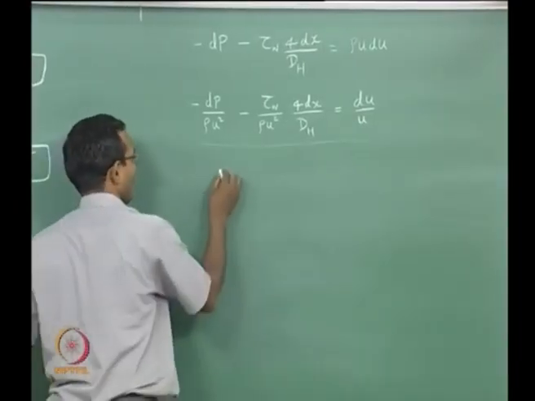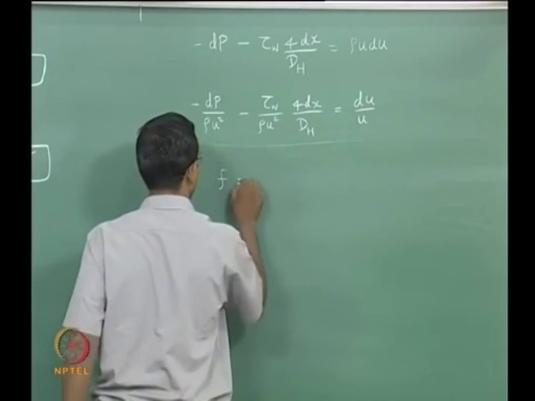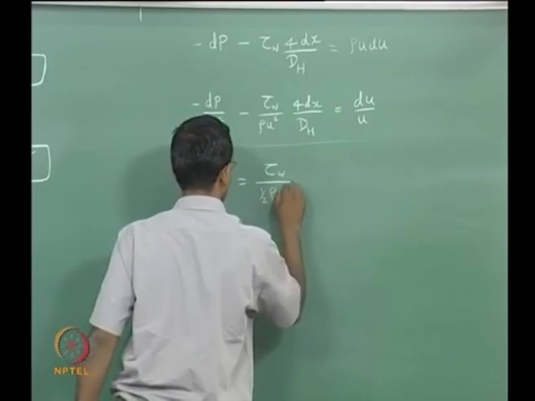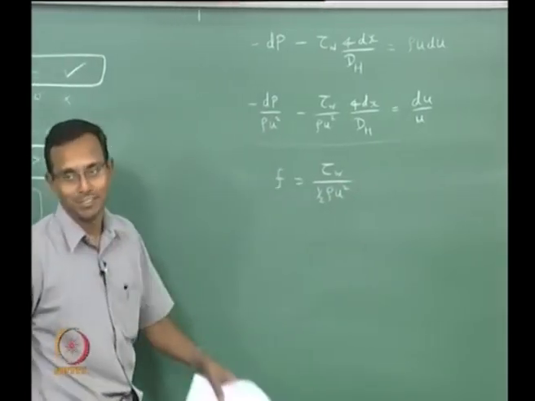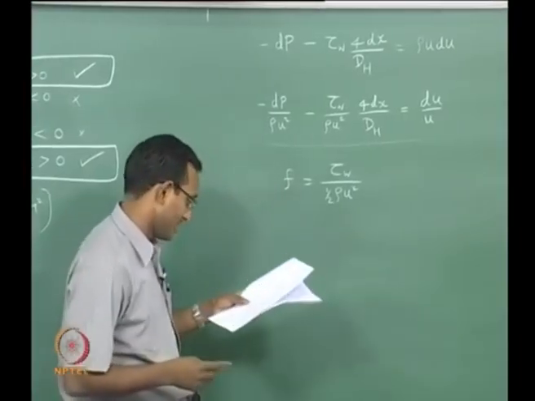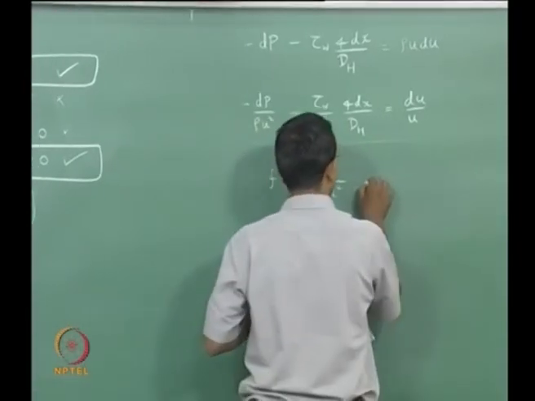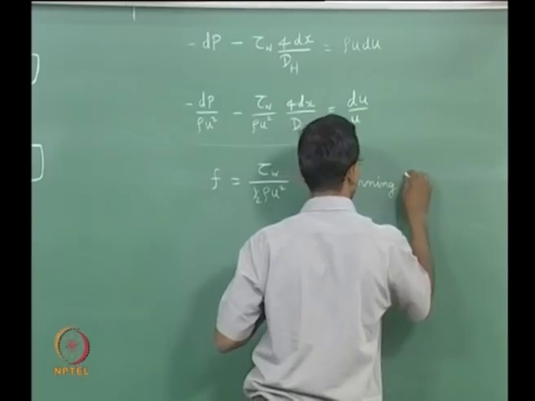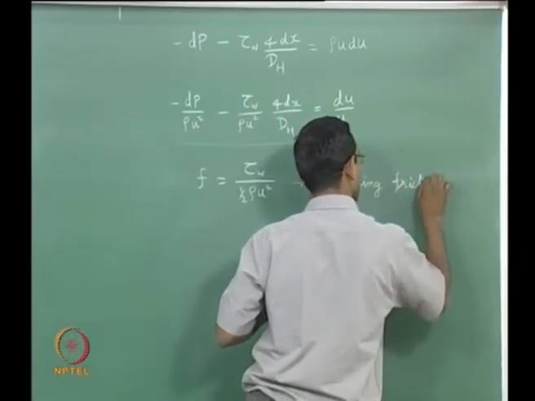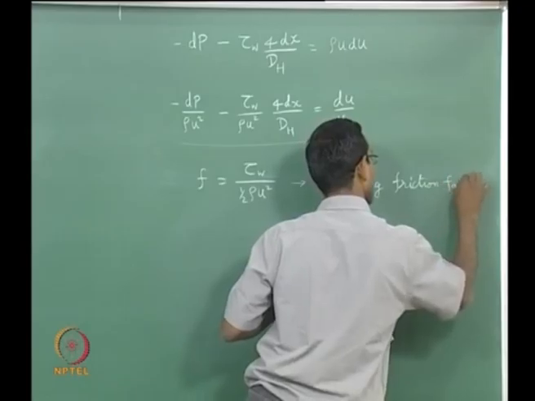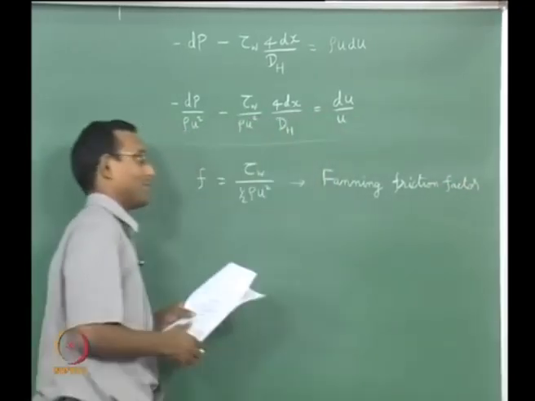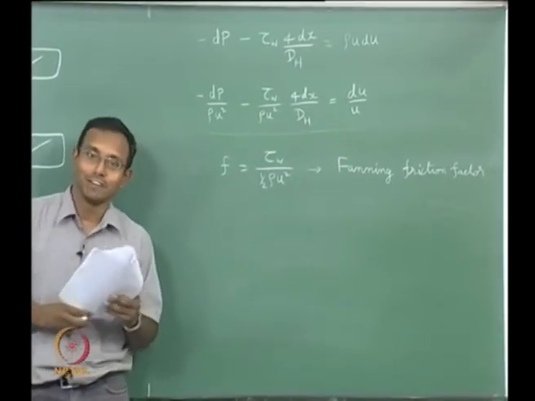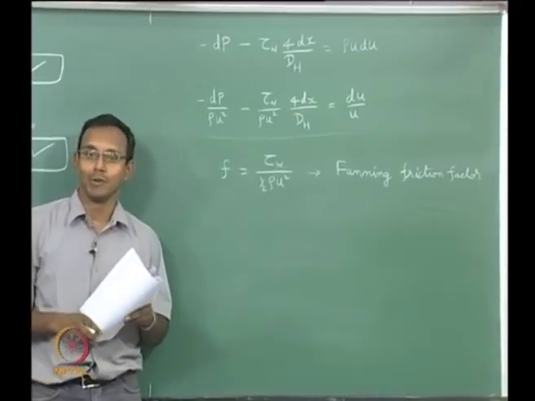Now I will define one new parameter called friction factor. It is defined as tau wall, the shear stress, divided by dynamic pressure, half rho U square, a standard aerodynamics based definition. If you use this definition, this particular f is called the Fanning friction factor. This is different from another friction factor used in the incompressible flow world by people doing hydraulics.